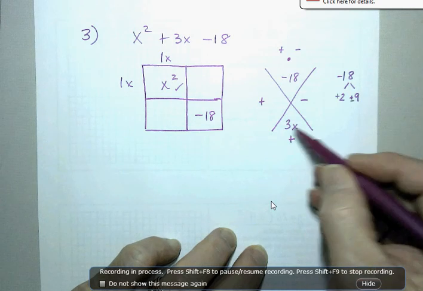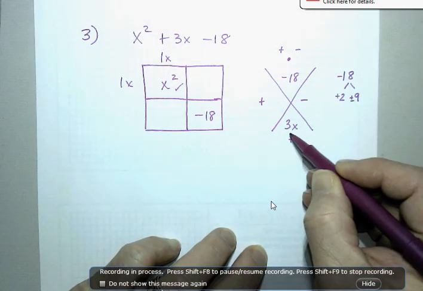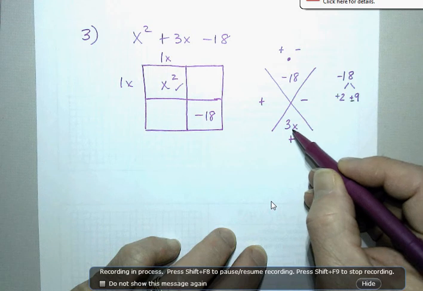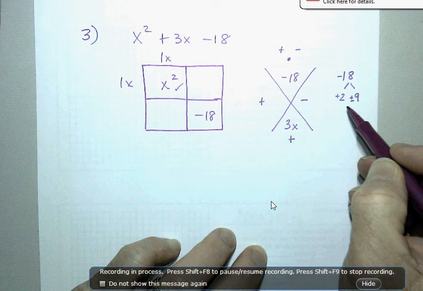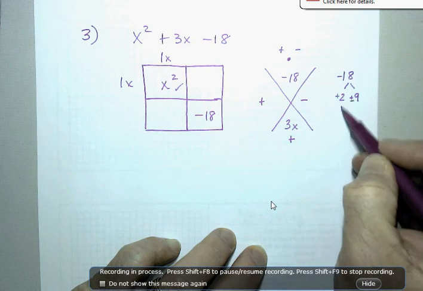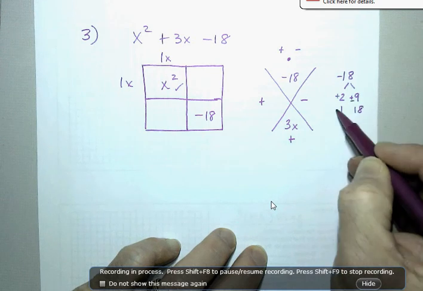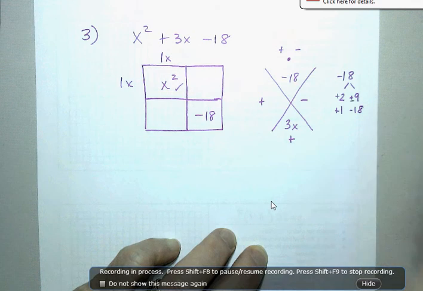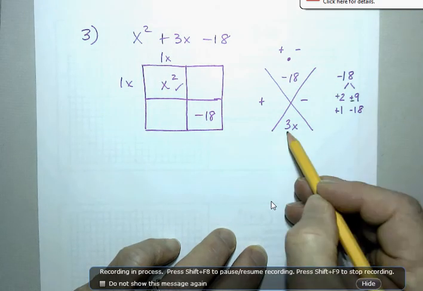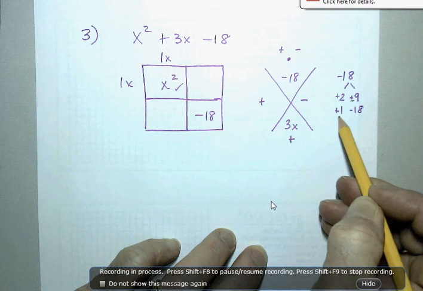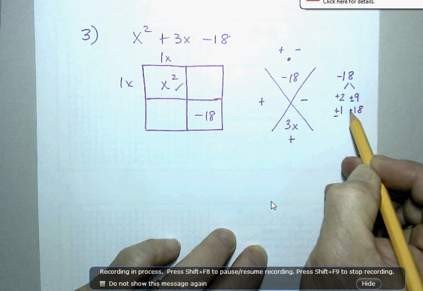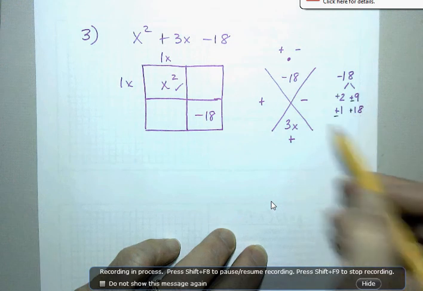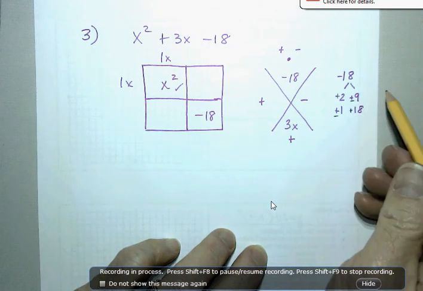So that's not going to give us our 3 down here. Okay, well, I also know 18 and 1, and you could do positive and negative, but I think we just got further away from what we wanted, because those two together are negative 17. And if we changed it around, that would be positive 17, which is still not the 3 that we want.